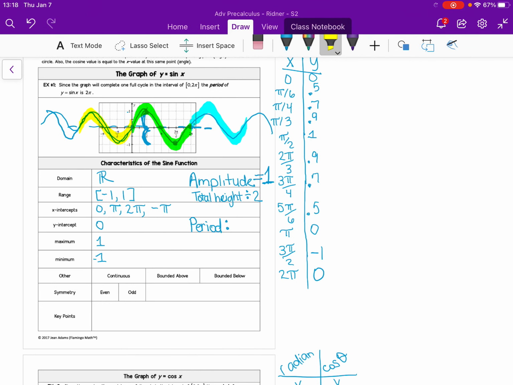So notice that it's the same piece over and over, okay? For the normal sine curve, the period is 2 pi. It repeats every 2 pi and it goes on and on, okay?